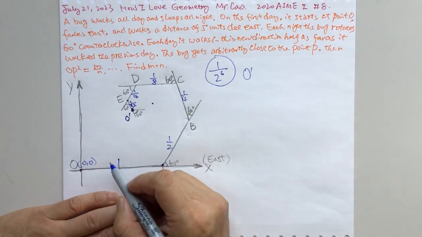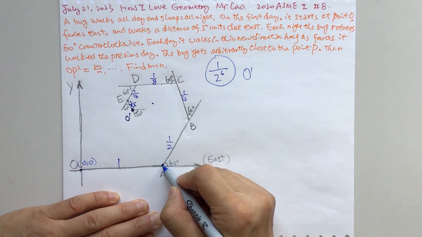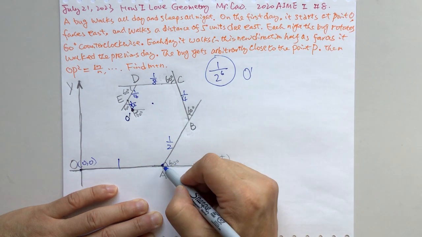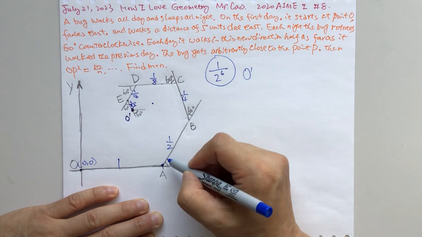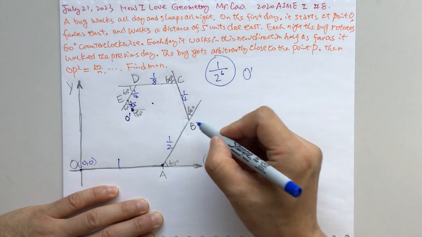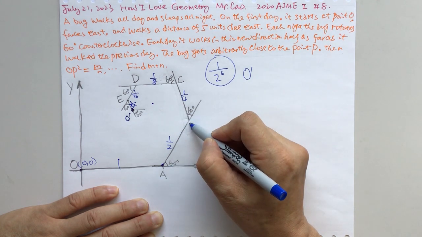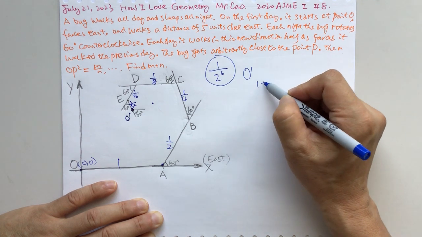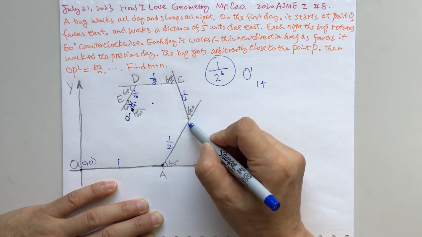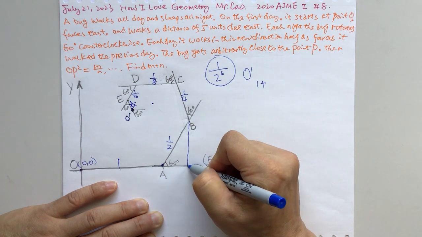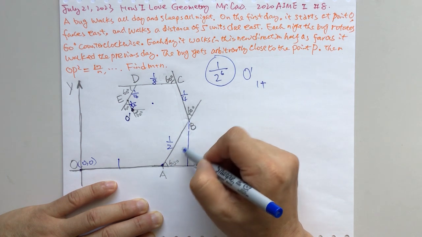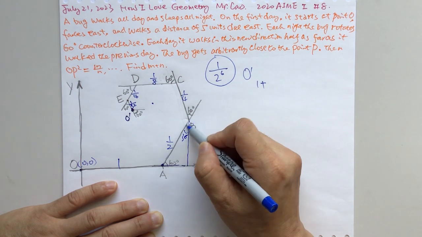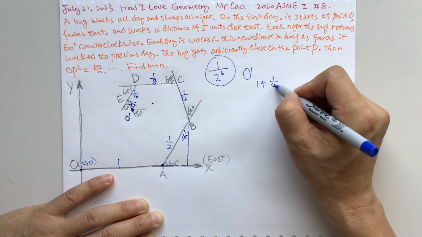Okay, first the x coordinate. The first step is just 1. Then 1 plus 1/2 times cosine of 60 degrees, which is 1/2, so it's 1/4.